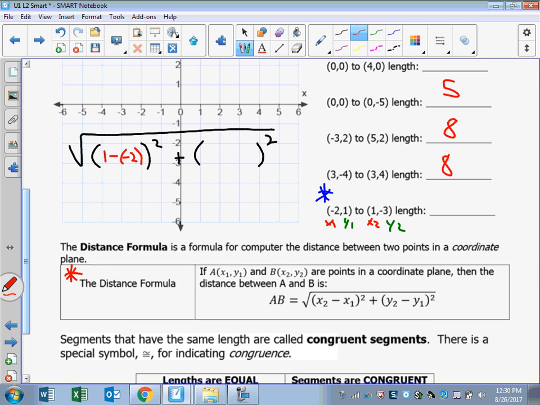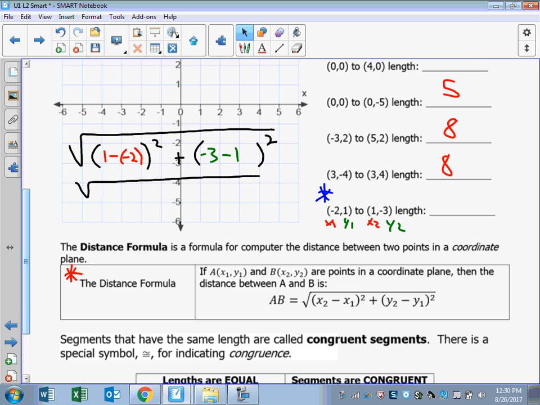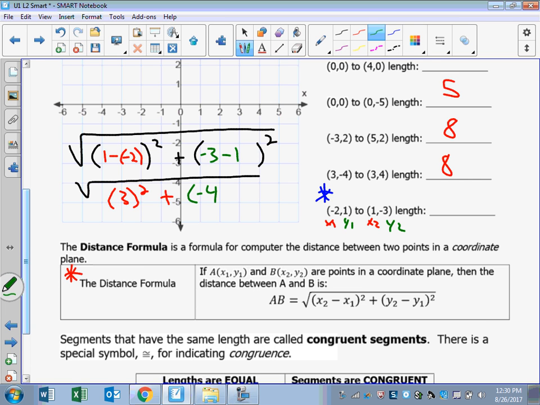And then y2 minus y1, that would be -3 minus 1. Okay, and 1 minus -2, that's going to turn to 1 plus 2. So we got 3 squared plus -3 minus 1, that's going to be -4 squared.